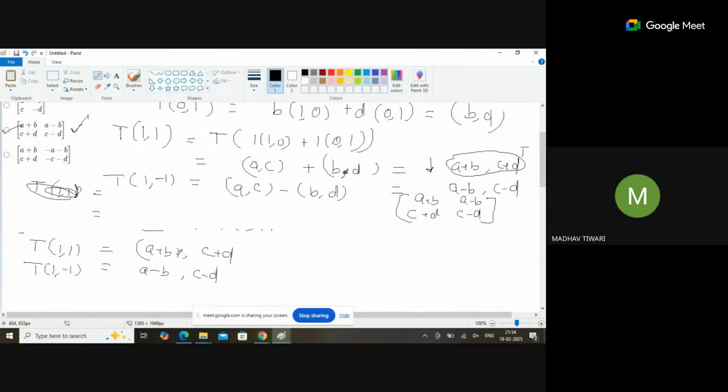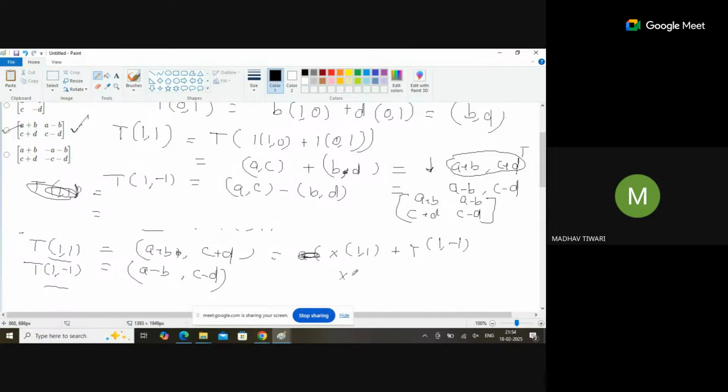So I have to write these two vectors as a linear combination of these two vectors. Suppose I write X times (1, 1) plus Y times (1, -1).